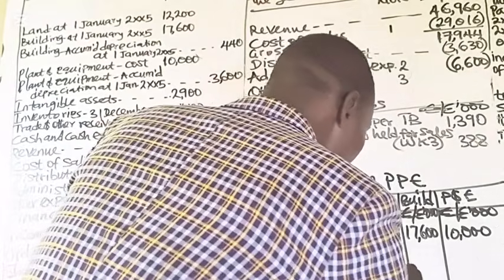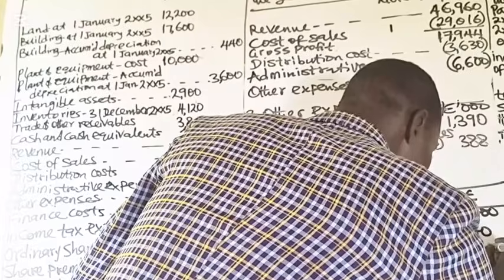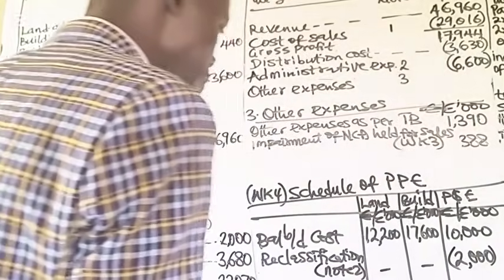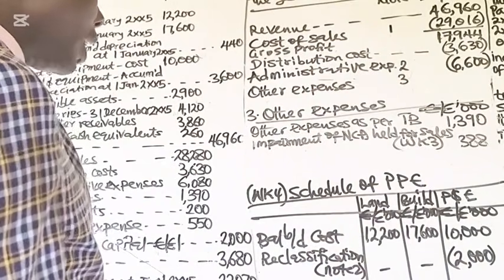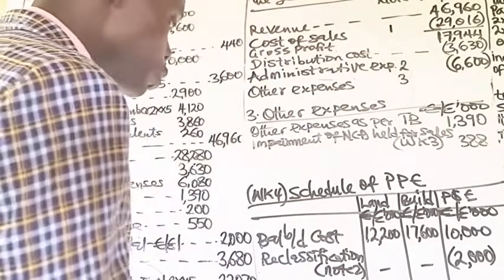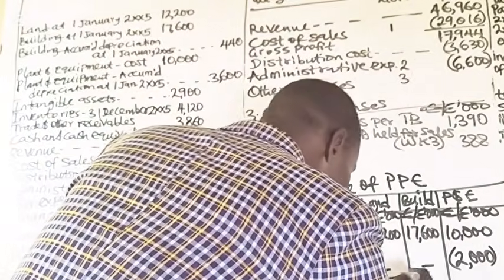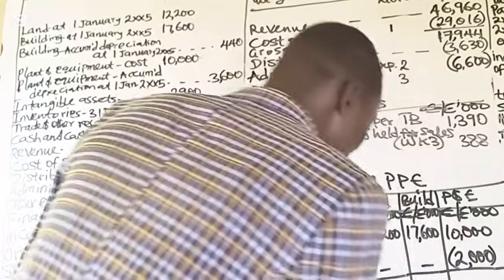You were told that amounted to 2 million. So, it's to be reclassified as held for sale. There is no addition nor disposal. You were told in note 2, no addition nor disposal of property, plant, and equipment during the year.